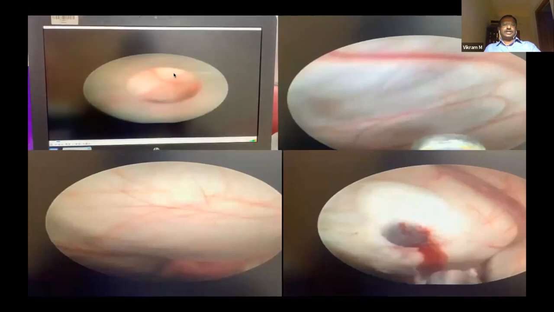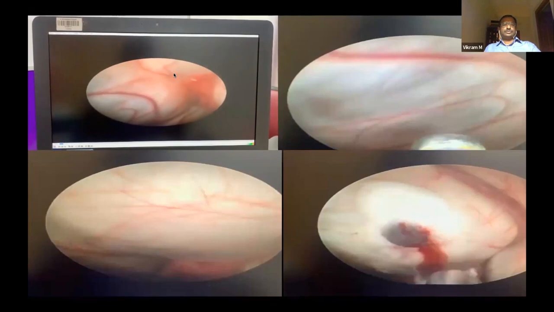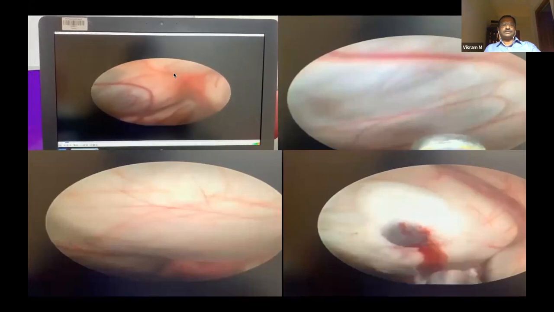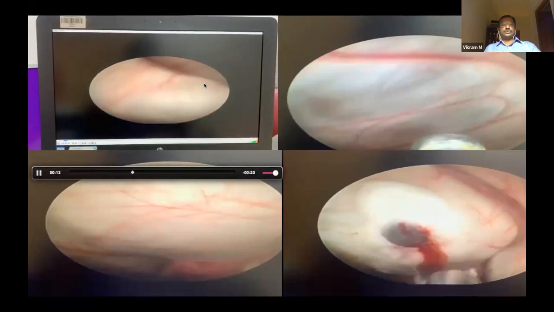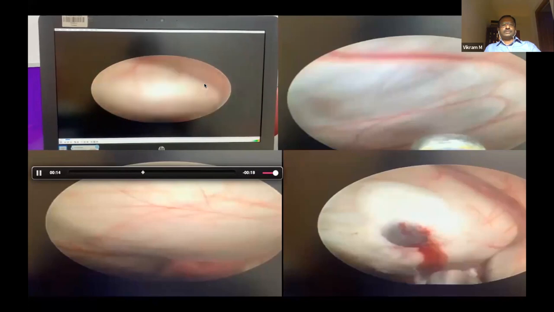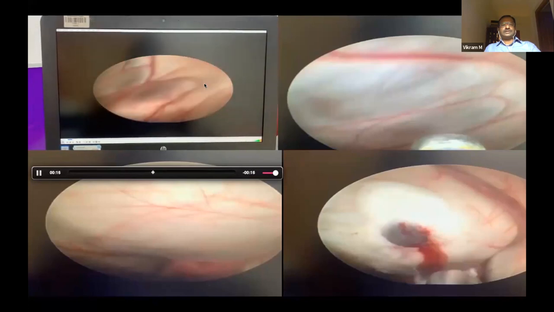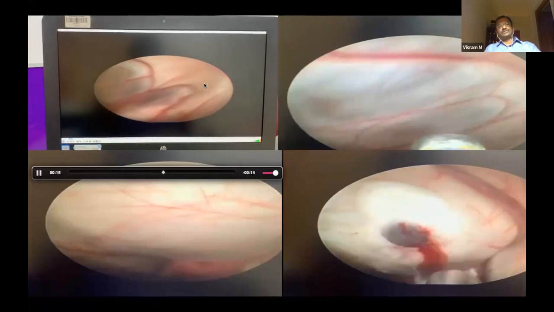As we introduce the endoscope, we can see the septum, which, because of hydrocephalus, has multiple septations as well. And the septum is ballooned. Even the foramen of Monro is obstructed because of the ballooning of the septum itself.